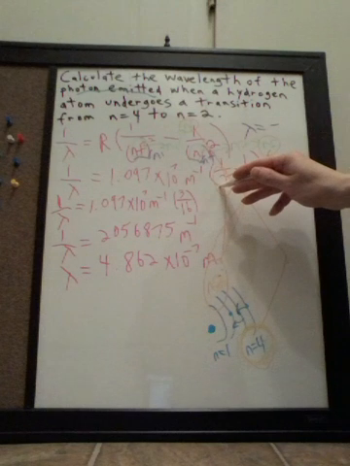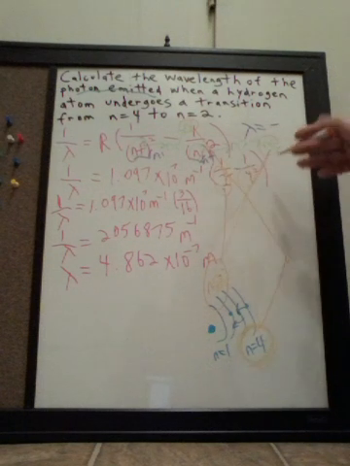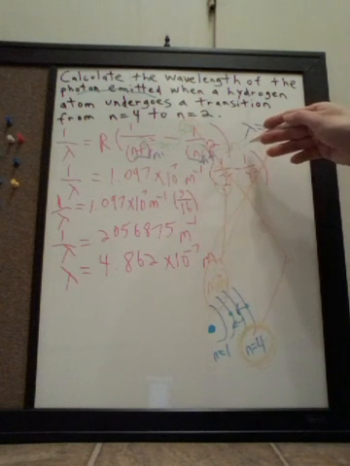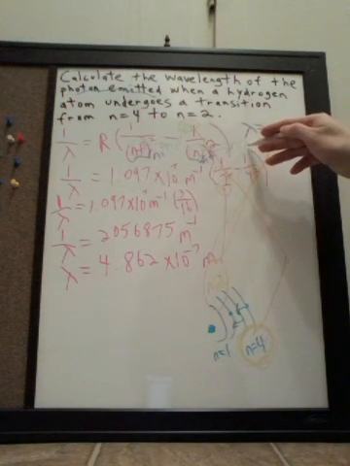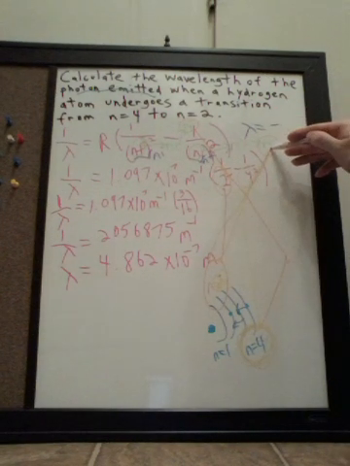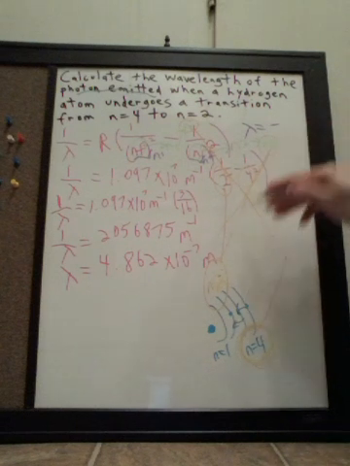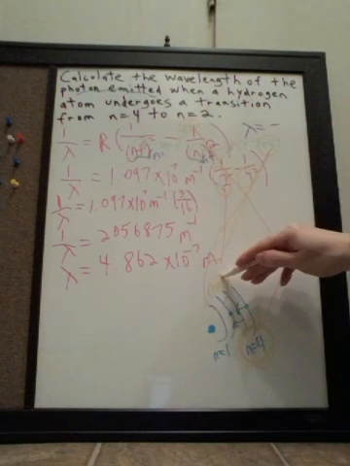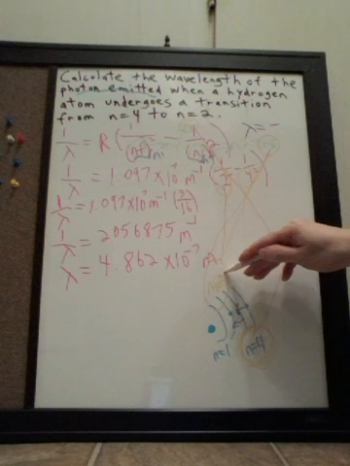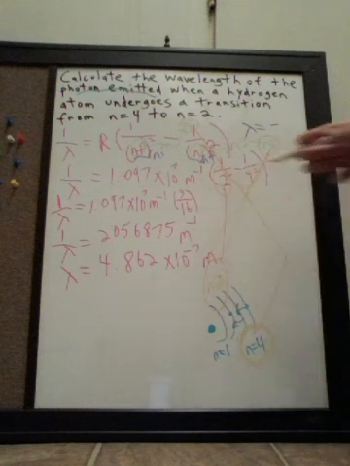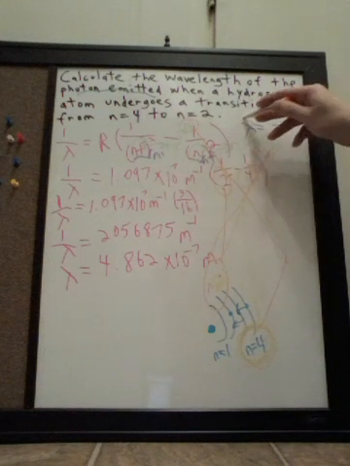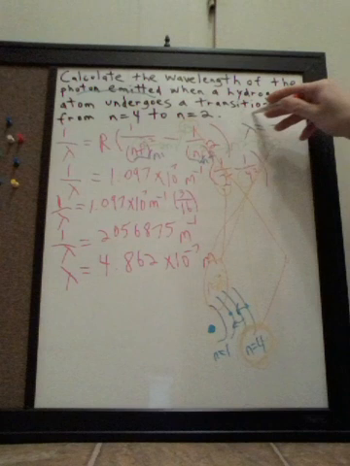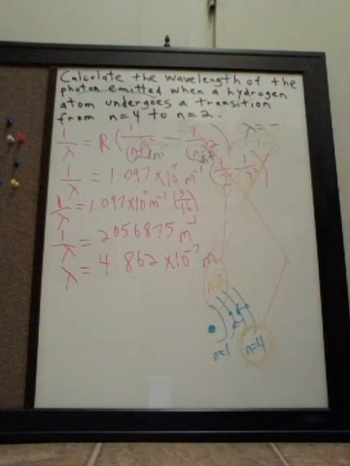The number has to be 2, right? So here, if they refer to this as N2 and N2 as N final, then N final would be N equals 2. But it's not 2, it's 4, right? So you have to be very careful with that. Otherwise, again, you'll be getting a wavelength that's negative, right?